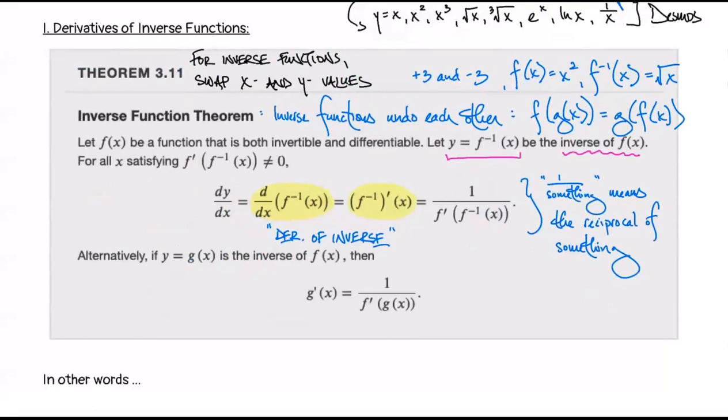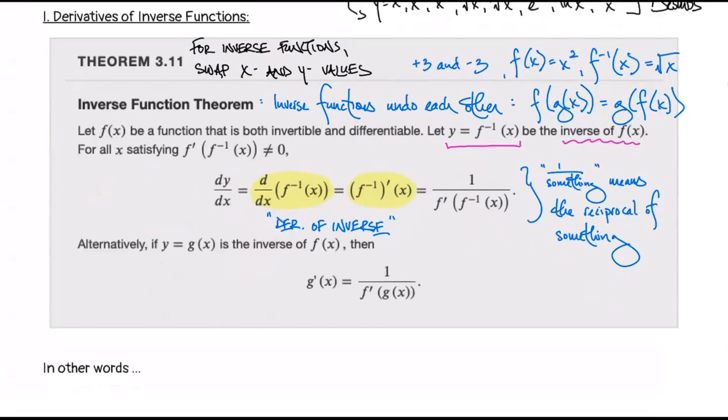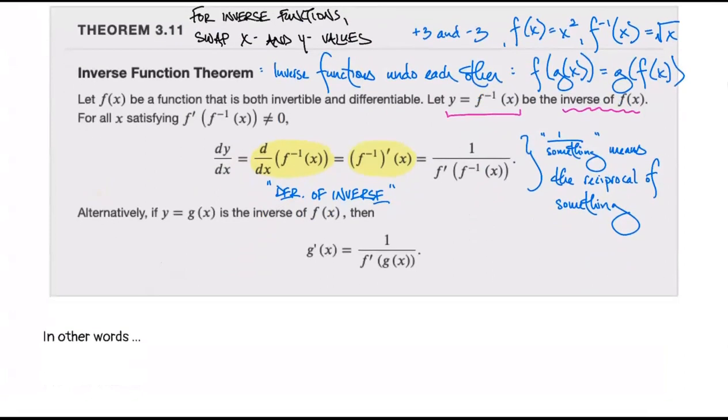So 1 over something, okay? When we say reciprocal, we mean 1 over something, or we're flipping the top and bottom, okay? So let's actually, we have that 1 over something is the reciprocal of something.